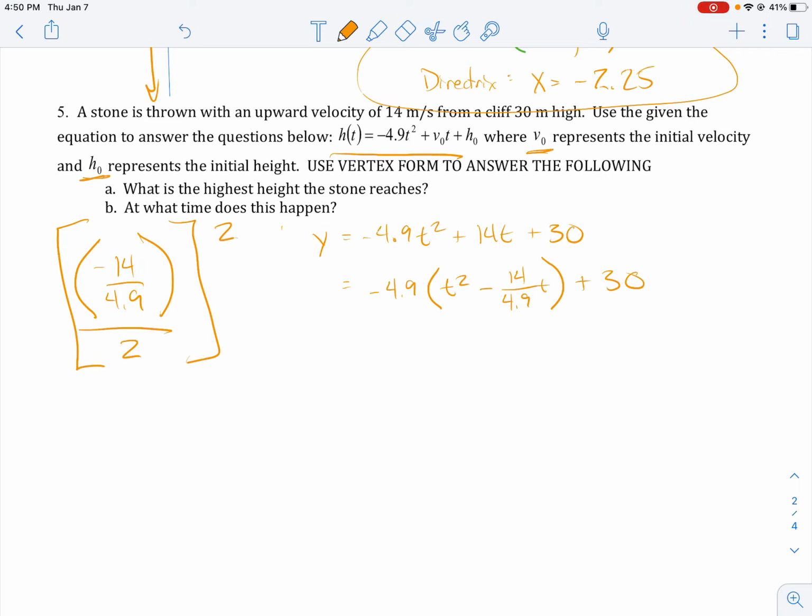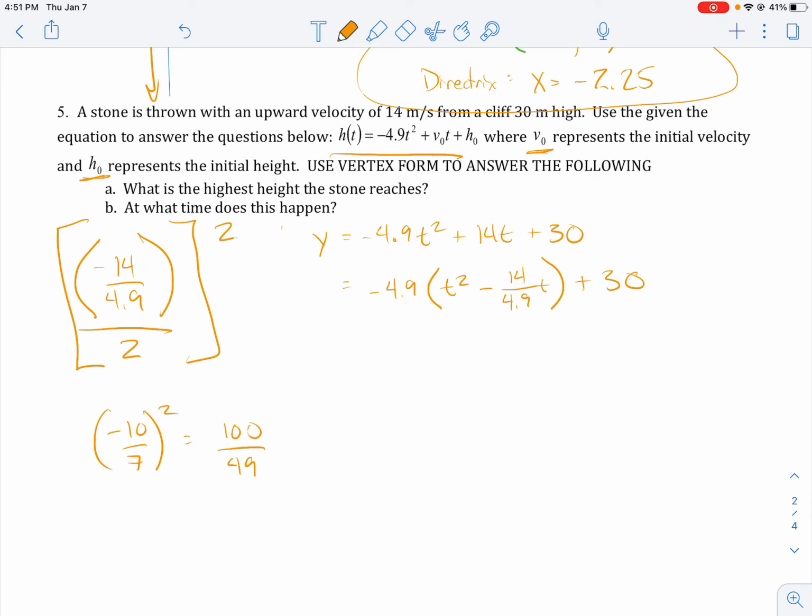Negative 14 divided by 4.9, all of that divided by 2 gives me a negative 10 over 7, and negative 10 over 7 squared gives me 100 over 49.